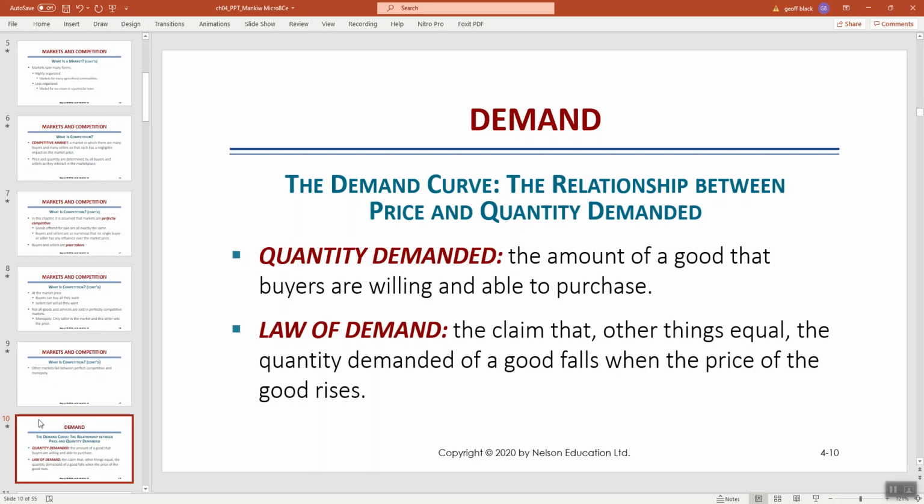Right? Because when the quantity demanded of a good falls, the price rises. Or you could say when the quantity demanded of a good rises, the price falls. Okay?